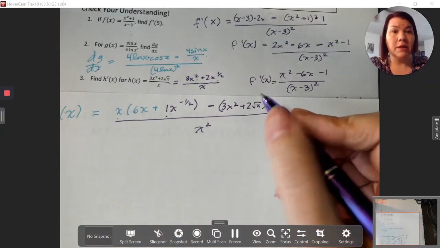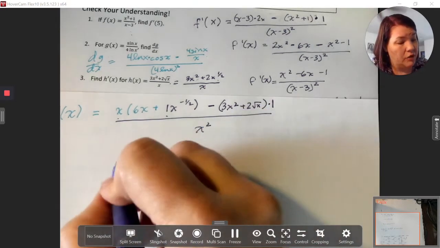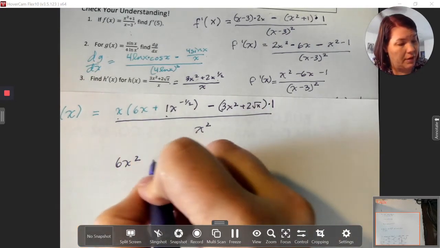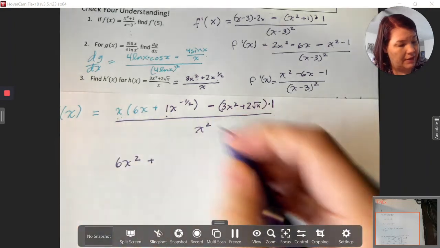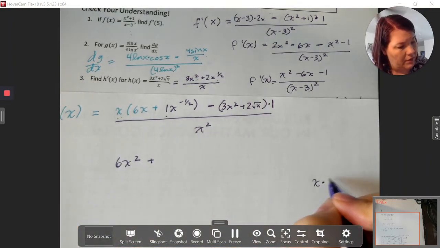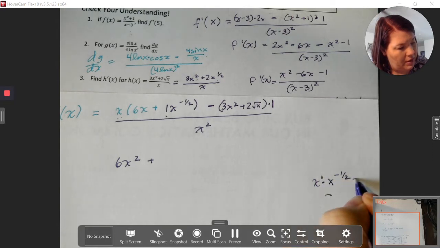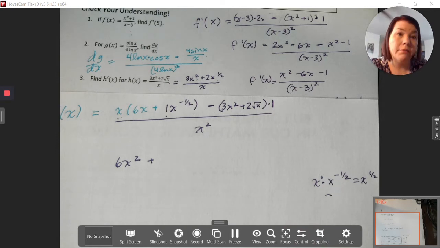But I'm going to go ahead and clean things up because I like to. Distributing, I get 6x squared plus x times x to the negative 1/2. So I add my exponents together, and that gives me x to the positive 1/2, right? Okay.